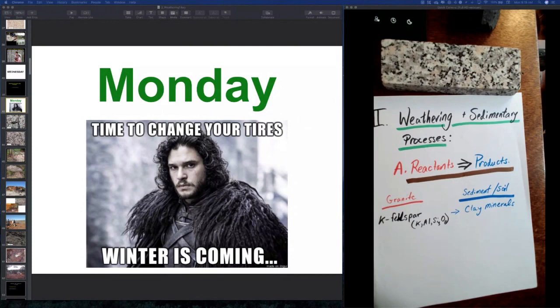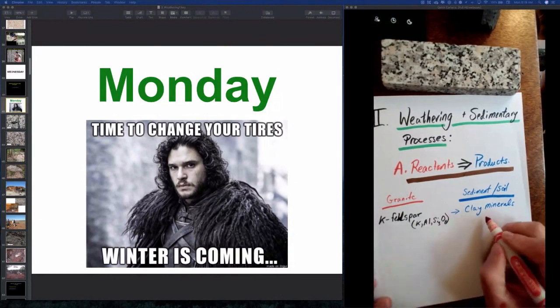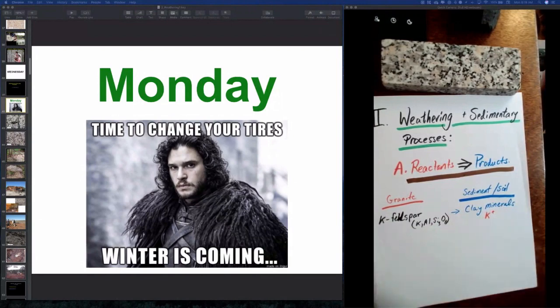And the solid product is the clay minerals. It could be one clay mineral, like kaolinite, or it could be multiple clay minerals, depending on what's going on. The other thing that gets left also in the water then is potassium. So potassium ions go in the water, and that goes to the oceans.